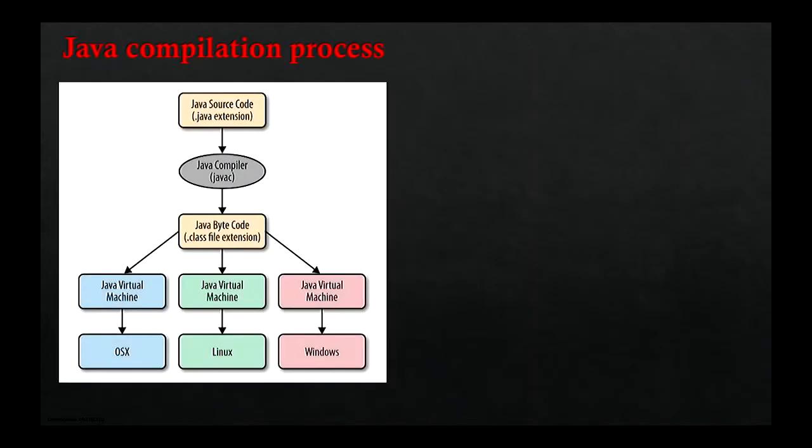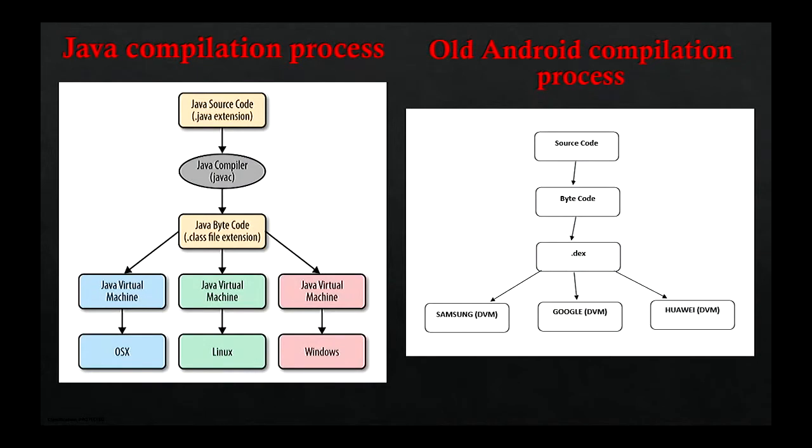So that's why I put this up here, and I'm comparing that with the older Android architecture. You could see when you're writing your Android app, obviously you can write it in Java, C, C#, or other languages. And then once you compile it, you get a bytecode, and then that bytecode gets compiled into what we call the DEX format, short for Dalvik executable.